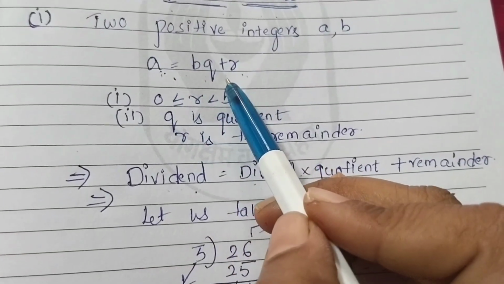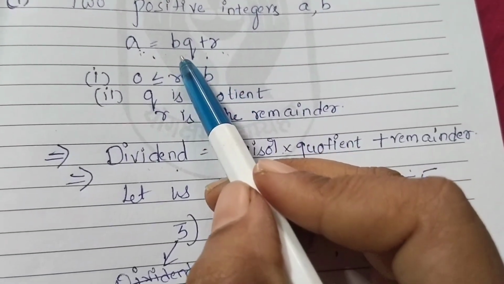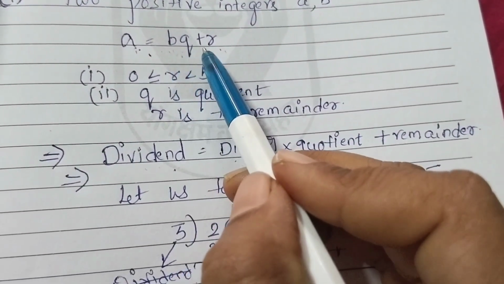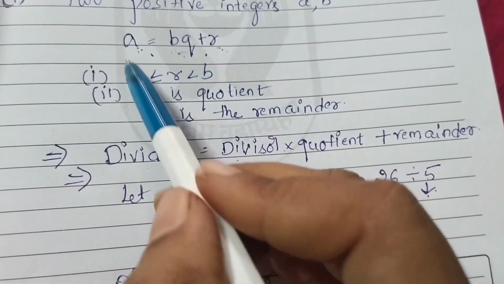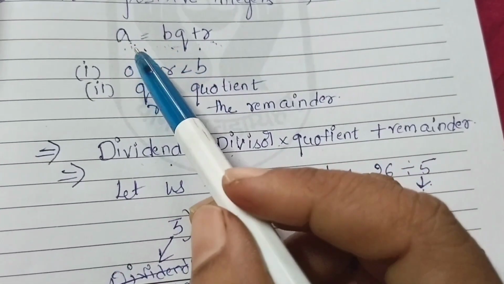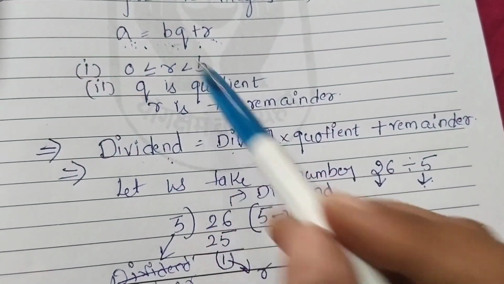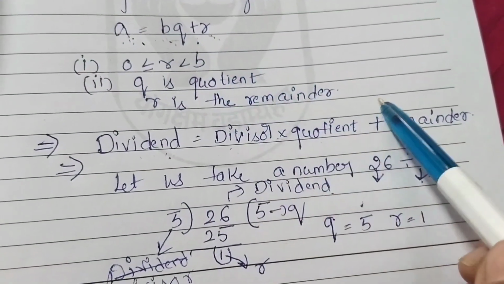Now we'll verify whether this equation is satisfied or not. For that, we'll first calculate bq plus r. The number obtained after this calculation should be equal to a, which is nothing but the dividend. b is the divisor, q the quotient, r the remainder.